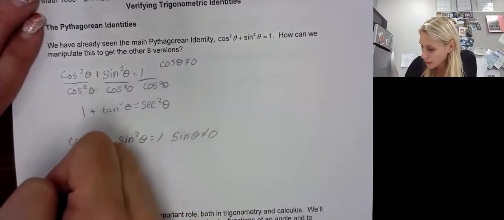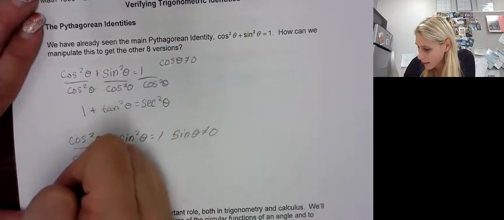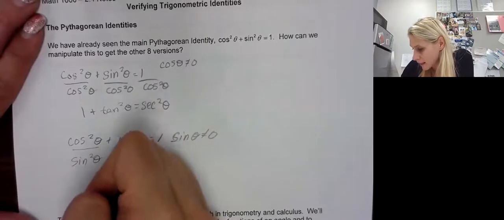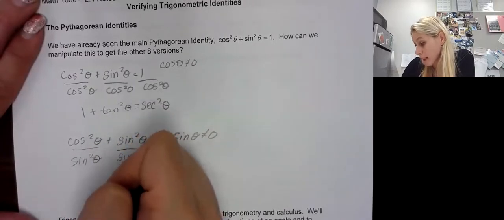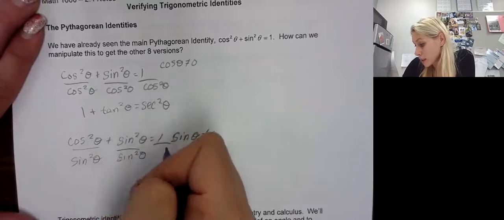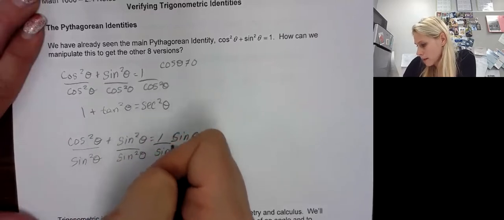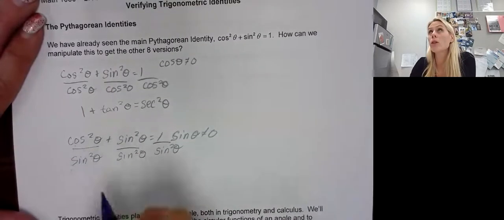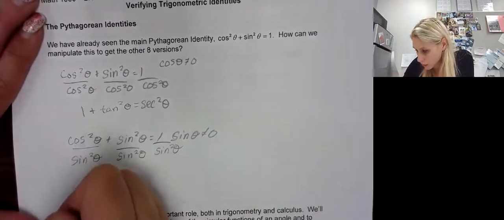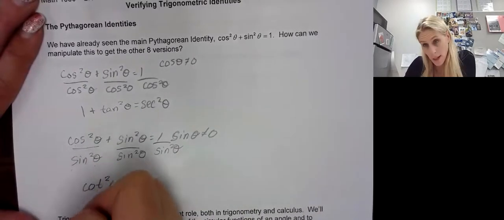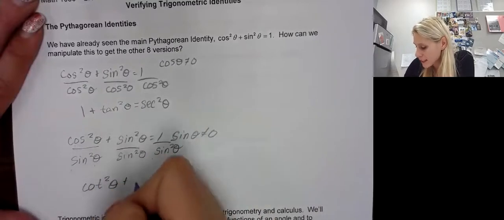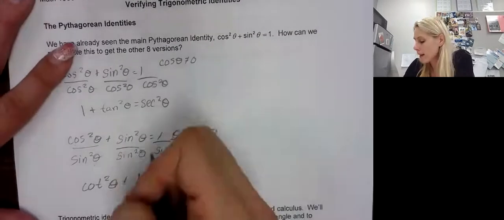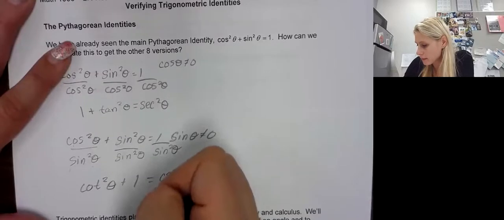Now, of course, you understand why I'm saying the cosine theta or sine theta cannot equal 0, because, since I'm dividing, I cannot divide by 0, so that's why it can't equal 0. Okay, cosine squared over sine squared. Well, cosine over sine is cotangent, so we have cotangent squared theta. Sine squared over sine squared is 1, and 1 over sine is cosecant, but we have it squared, so cosecant squared theta.